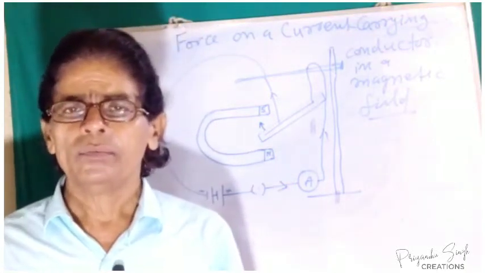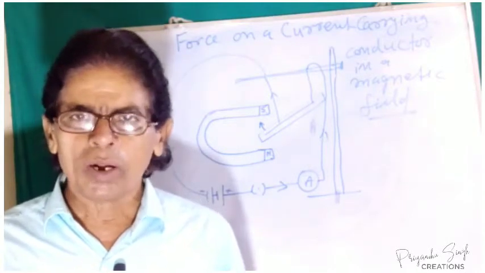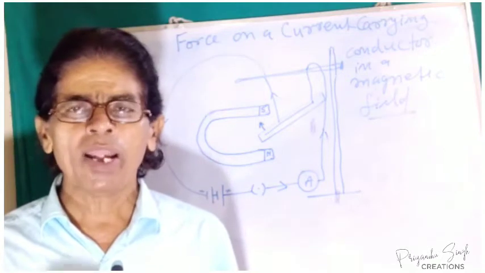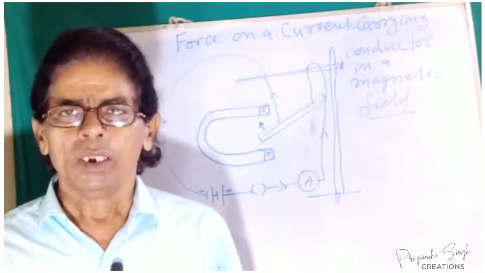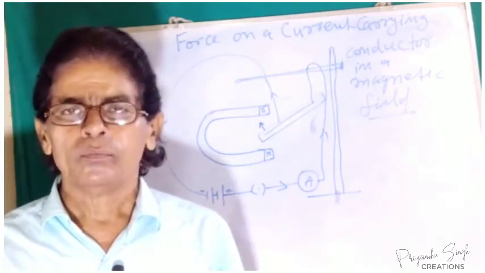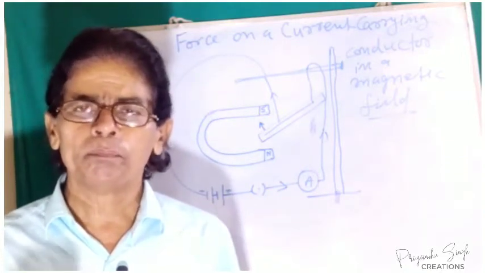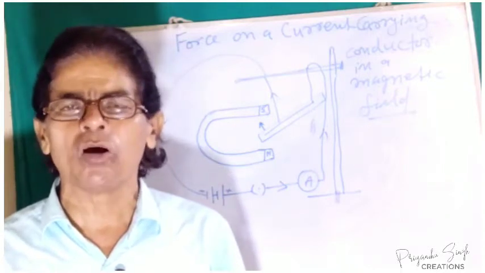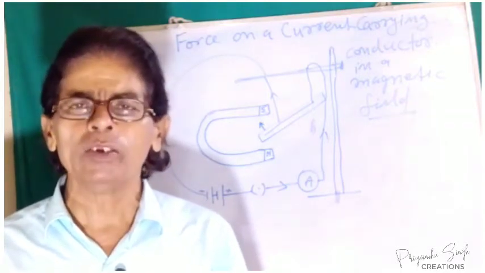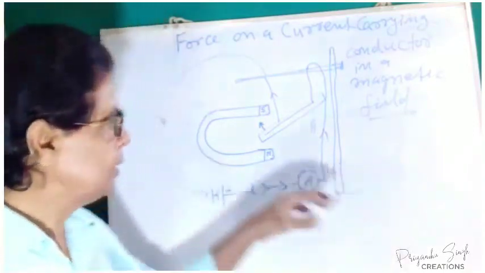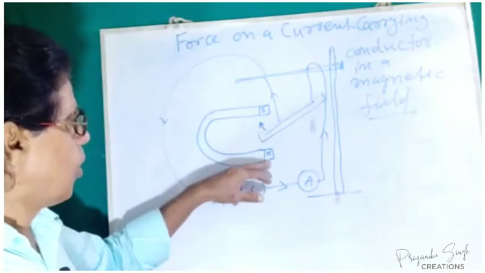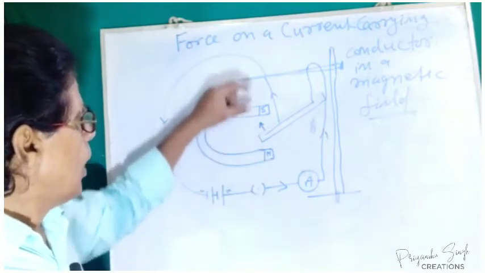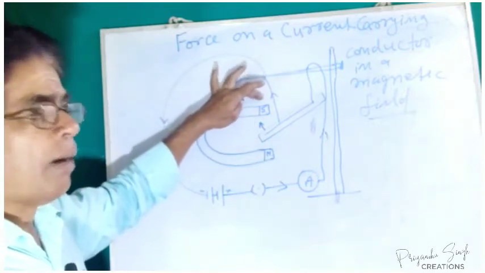Not only the change in direction of electric current, if we change the direction of the magnetic field by changing the position of the poles of the U-shaped magnet. Suppose that here initially the north pole is kept below and the south pole is kept up.